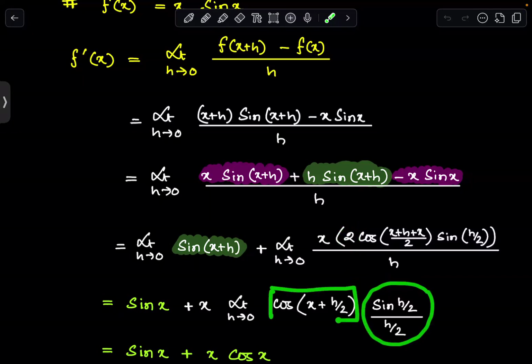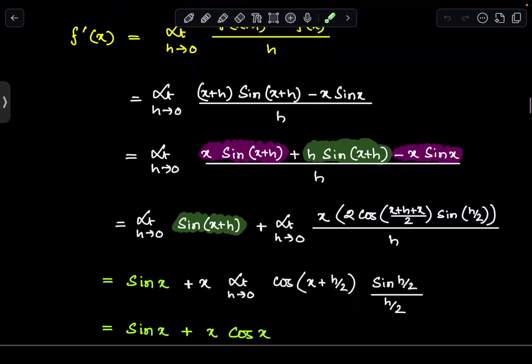The rest of the portion is again not problematic under limit. So after splitting the limit into two sections about this product and substituting h equals 0 other than the reference identity, we can manage to have the final result for rate of change as sin x plus x cos x.